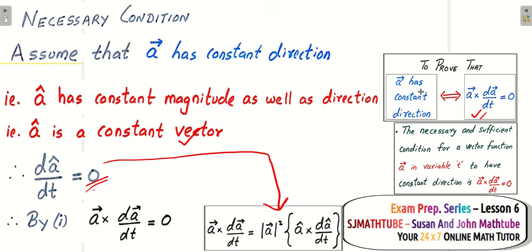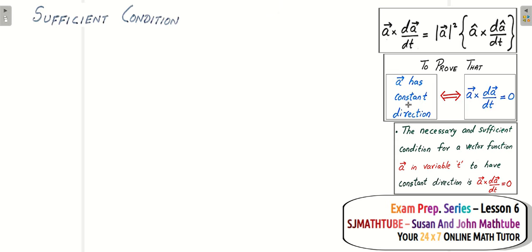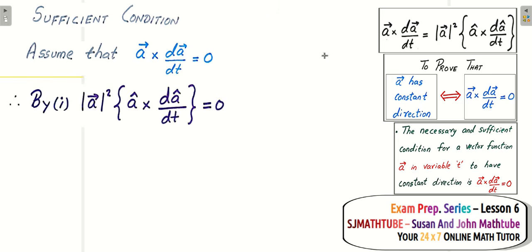So that's it. Now the sufficient part. In the sufficient part, what we do is we assume the right side and we prove the left. So let A cross dA by dt equal to 0. Now if this is equal to 0, then by this relation this will be 0.